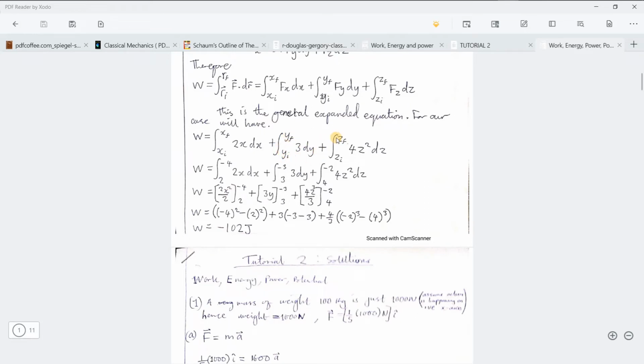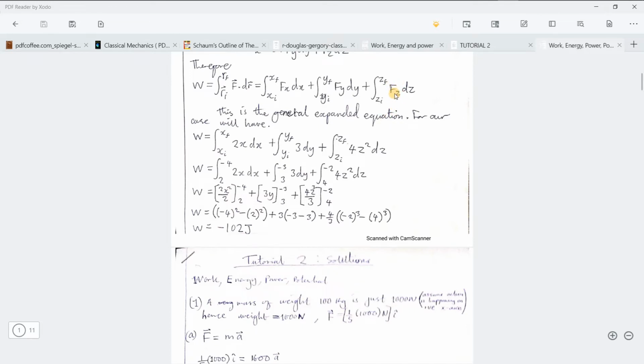plus the integral of zi to zf of 4z squared dz. 4z squared dz is our component of force in the z direction. As you can see from this general formula, fz is representing the component of force in the z direction.